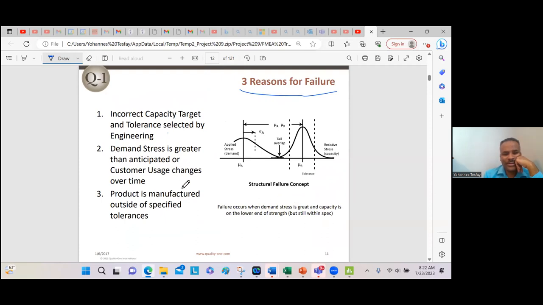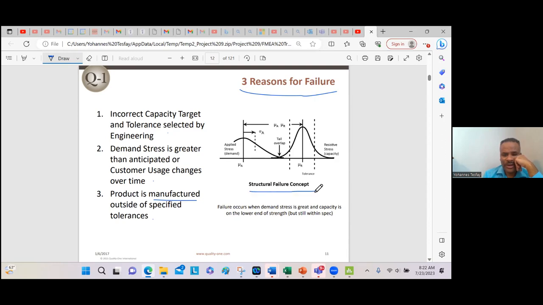Demand stress is greater than anticipated. Customer usage changes over time, this is also design. Product manufactured outside of specified tolerances, this is manufacturing, so it's going to be like the process FMEA. But these two are design issues.